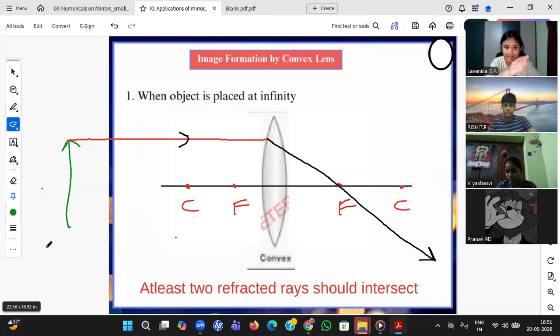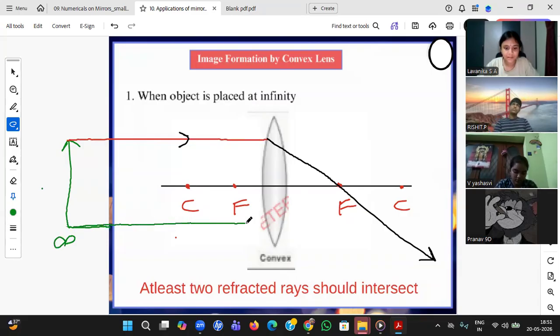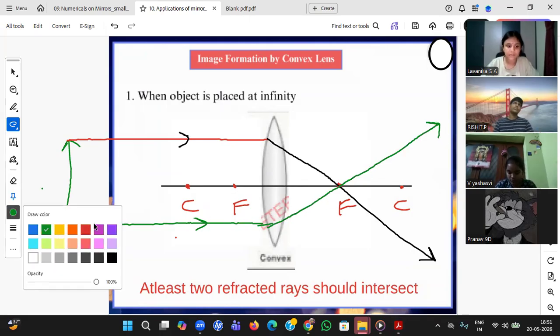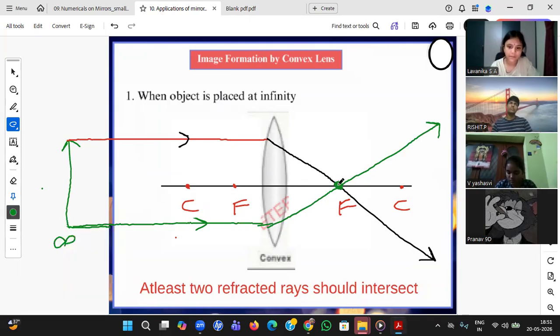Sir, the ray I always tell you, like the one below the parallel. Parallel. Okay. As it is infinity, only the parallel ray has a chance to reach the lens, beta. Again, after hitting, it should refract and pass through the focus. So where is the intersection happening? Intersection is happening here.